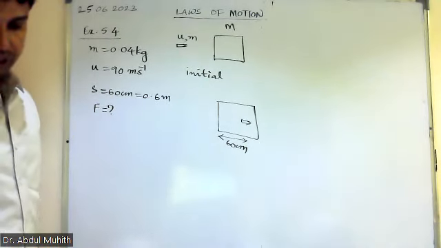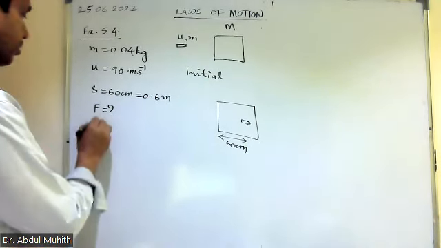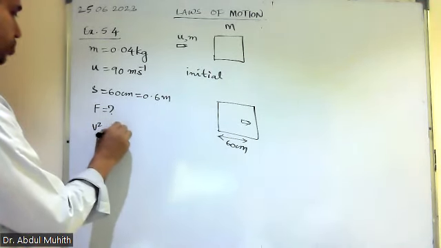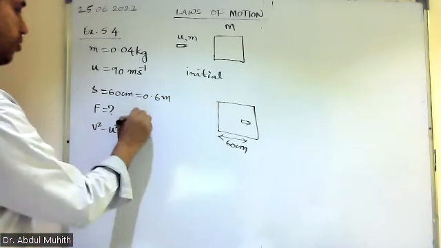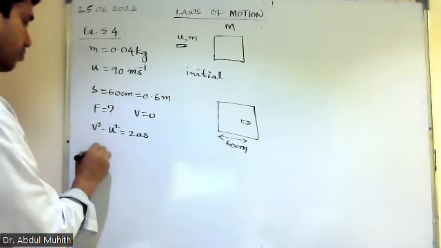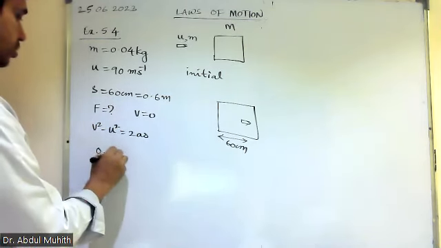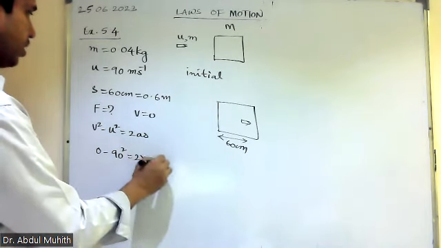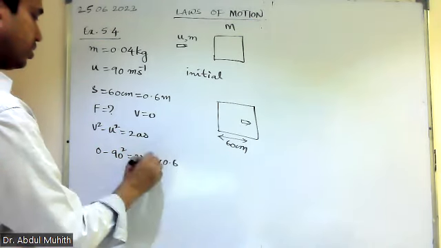First calculate the acceleration. So how do we calculate? v square minus u square equal to 2as, and final velocity is 0. 0 minus 90 square equal to 2 into a into s. s is equal to 0.6.